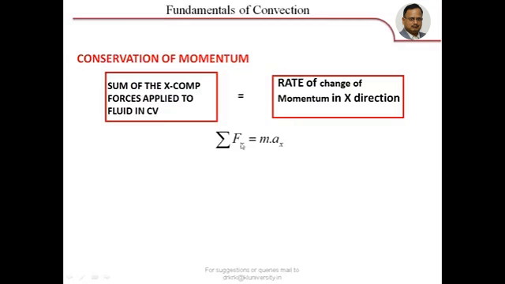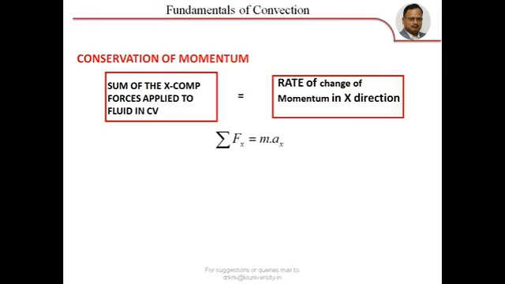Therefore, net force is equal to mass into acceleration. So the sum of the x component forces applied to a fluid in a control volume is equal to the rate of change of momentum in x direction. This is the principle we apply to derive the conservation of momentum equation.